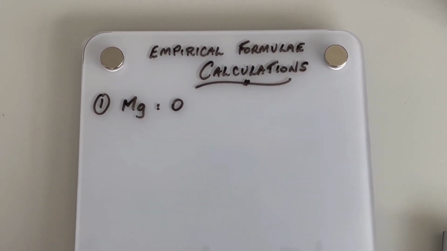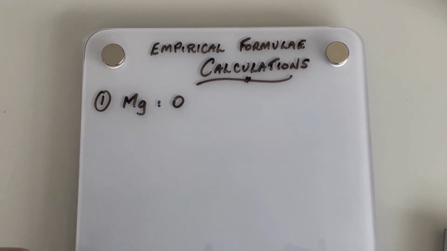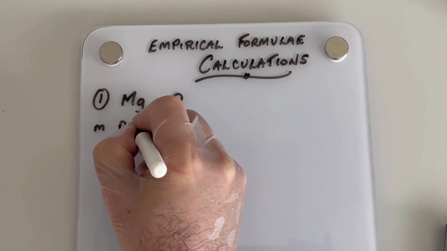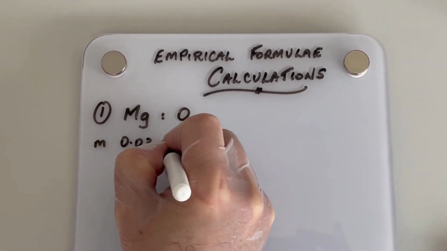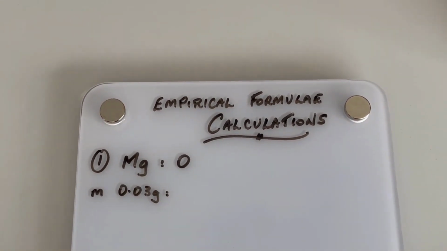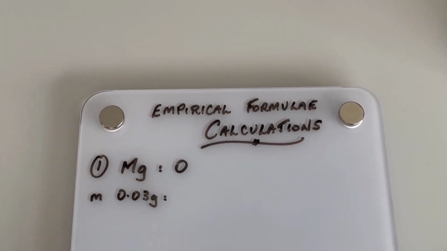If I subtract 6.87, which was the mass of the crucible, then I end up with a mass of 0.03 grams.